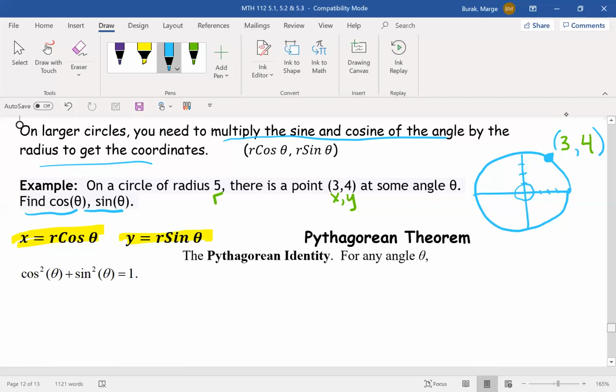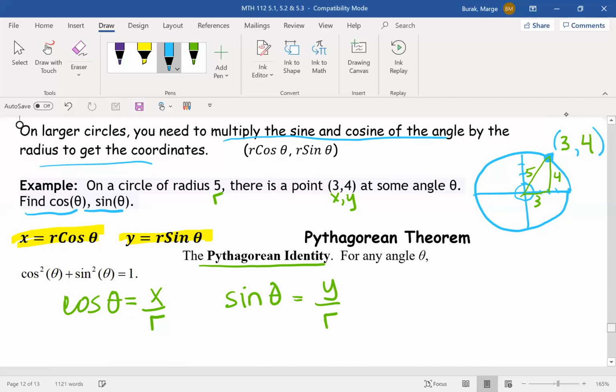Okay, so the Pythagorean theorem can be used on any point on any circle if you know the radius, because we have this right triangle right here. This is 3, this is 4, and this is 5. Okay, so the cosine is going to be the x divided by r, and the sine of the angle is going to be the y divided by the radius.